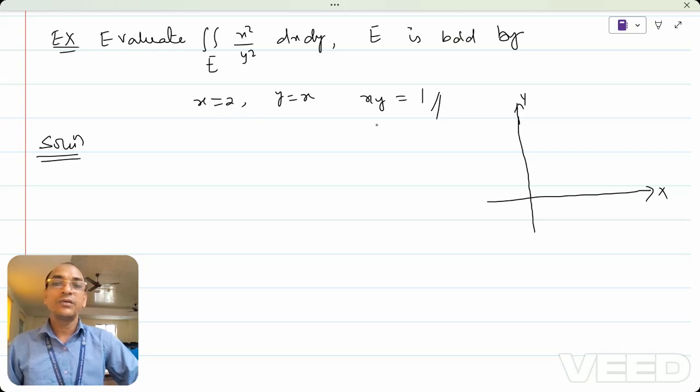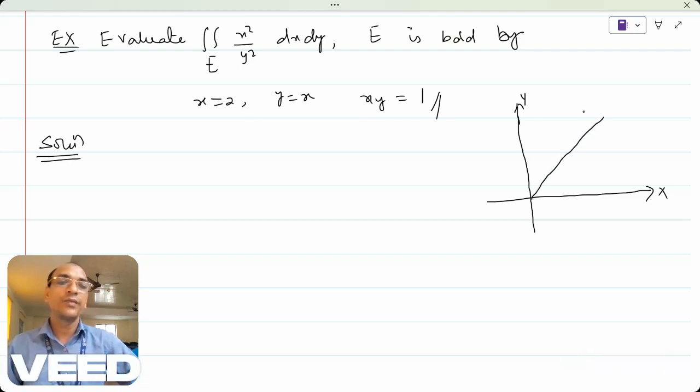Now x equal to 2. First I will draw the graph y equal to x. Y equal to x is this graph. Now xy equal to 1 is the rectangular hyperbola, which is drawn like this. So this is nothing but xy equal to 1. And x equal to 2 will be nothing but this line x equal to 2.